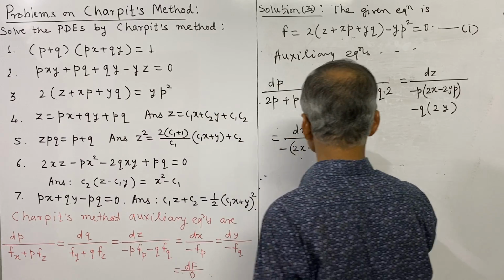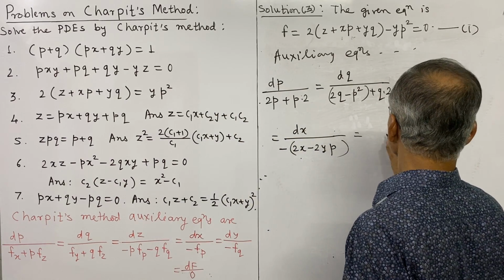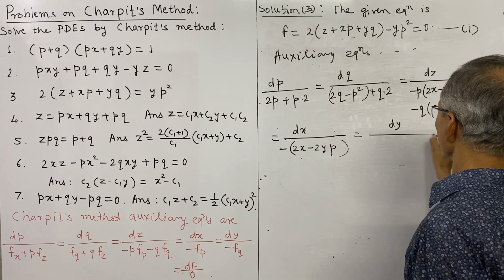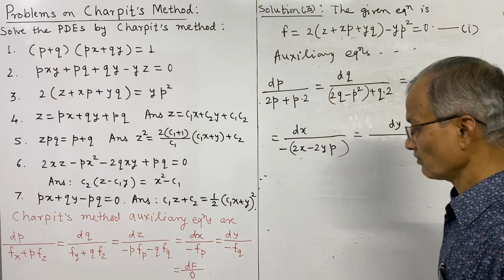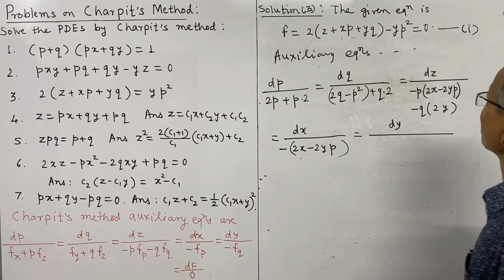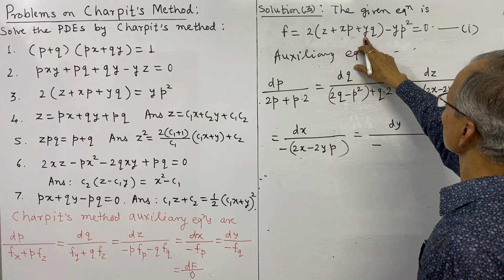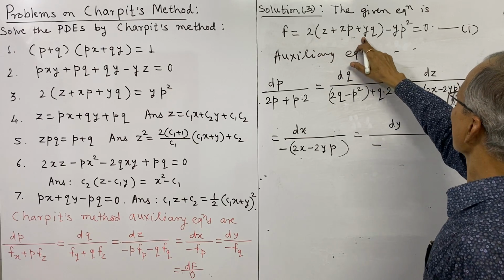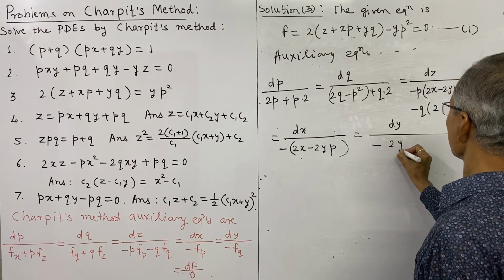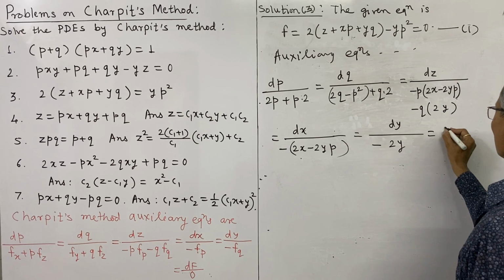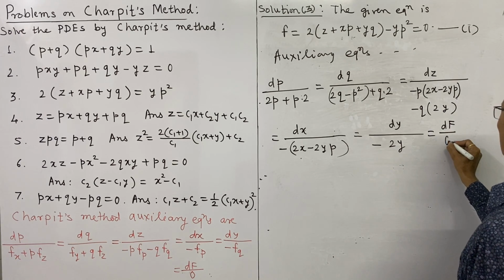So it is to be written in bracket. And next is equal to dy. Dy divided by negative partial derivative of f with respect to q. And partial derivative of f with respect to q is, q term is here, 2y. And last is df divided by 0.